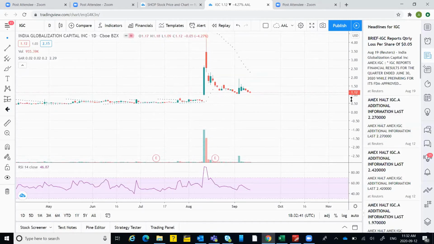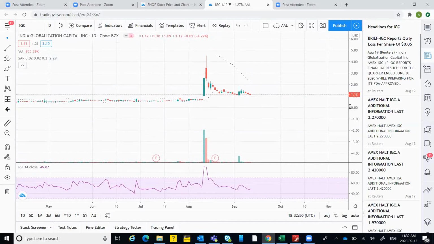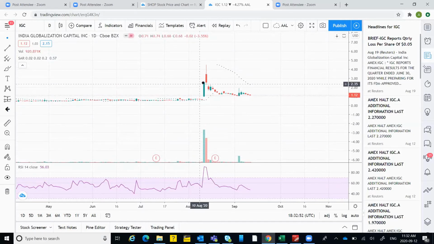This analysis will remain the same for every type of stock that is not very liquid and tends to move on some news. So guys, here, this is a big green candle, okay? Just ignore this upper wick. There's a huge upper wick. So normally it seems to be a dark cloud here, isn't it?